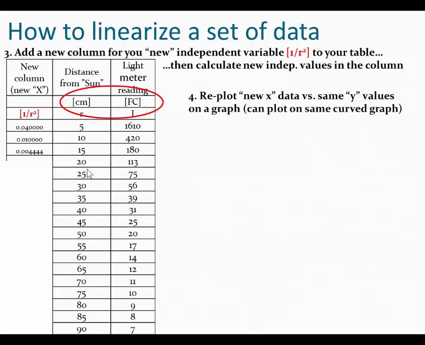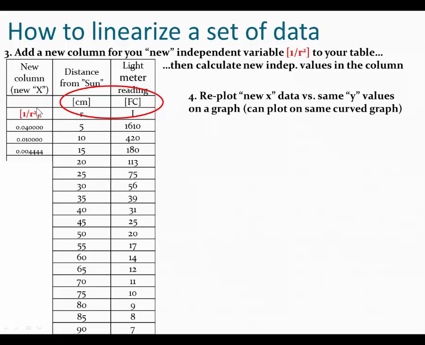And then you need to take this new value for your x-axis and plot it against your output values, your y values. All right. And remember, if you already have a graph of this as a curve, which you do, and I want you to use that one, you can use the same exact x-axis that you have down below and just draw a brand new one down below and call it 1 over r squared. Use the same values and plot these values.